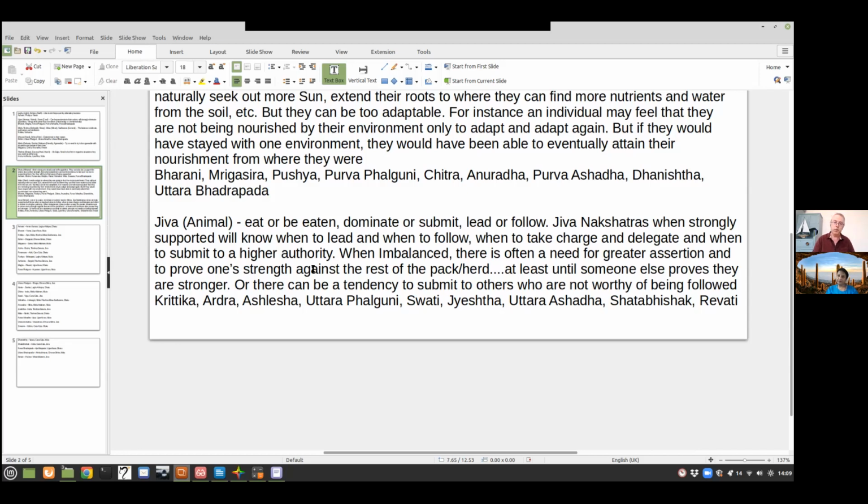And I think we skipped over the plant nakshatras, so I'm going to go back and read over these in just a moment. But touching on the animal nakshatras, that's Kritika, Ardra, Ashlesha, Uttara Phalguni, Swati, Jyeshtha, Uttara Ashadha, Shatabhisha, Revati. Exactly.